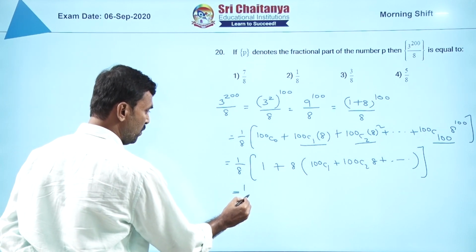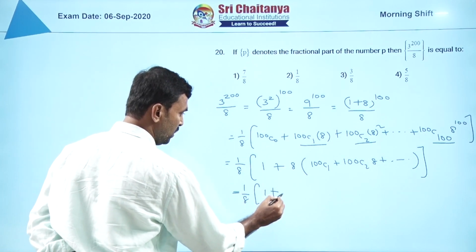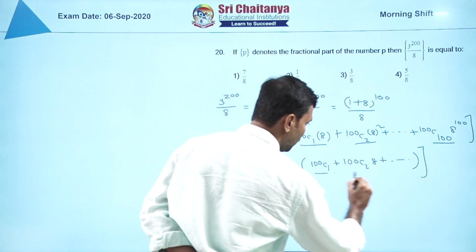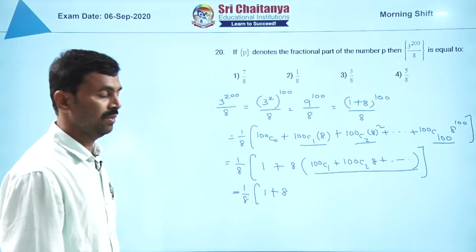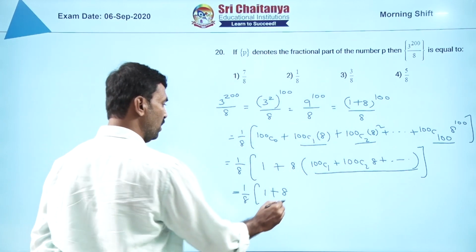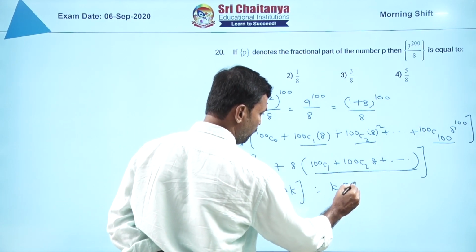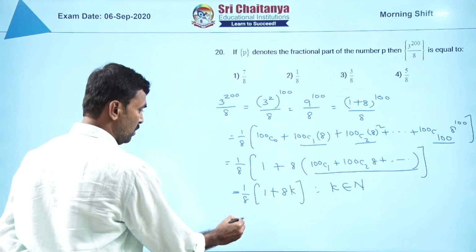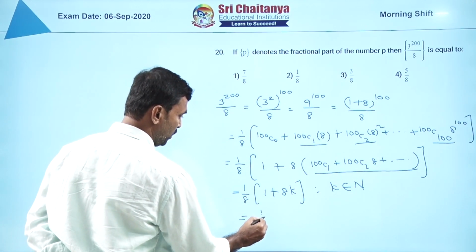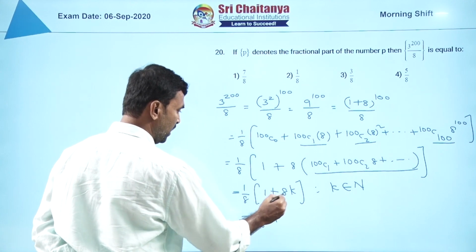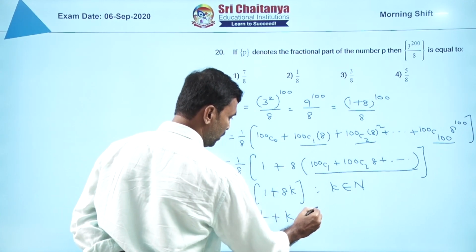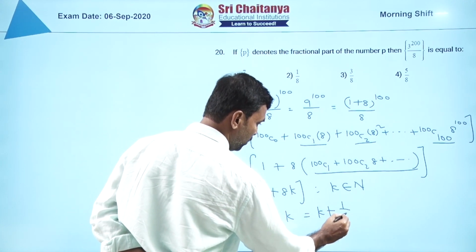This is equal to 1 by 8 times 1 plus 8 into, this is a natural number. If you simplify that, you will get some natural number. I am taking it as k, where k is a natural number. This is equal to 1 by 8 times of 1, which is 1 by 8, plus 8 k by 8, which is k. So it is equal to k plus 1 by 8.